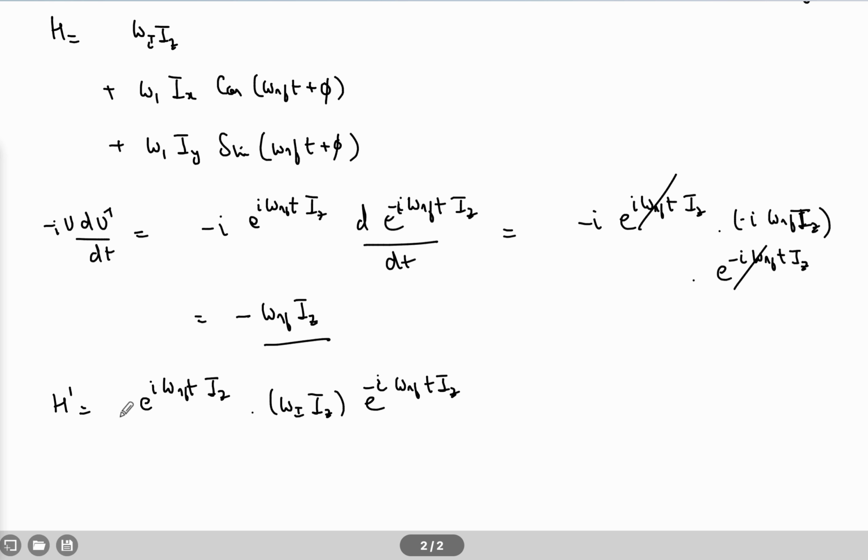So this is H prime, let's call it the first part.